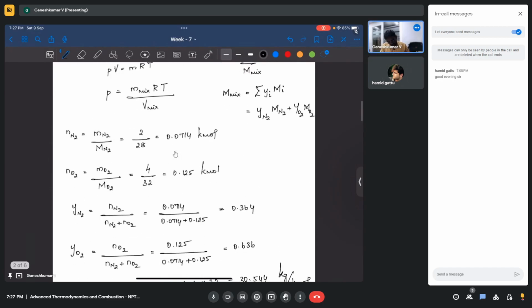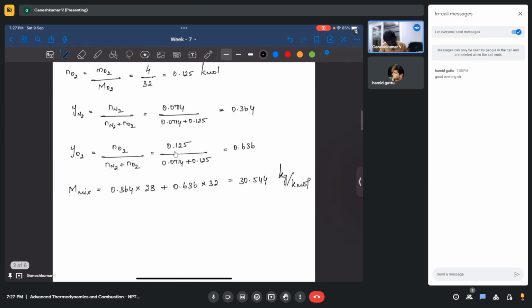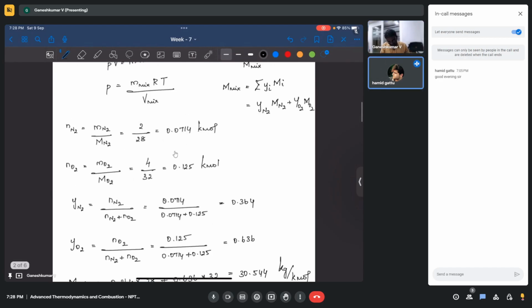We found the molecular weight of the mixture. Now you can find R, substitute, and find the pressure. So the total pressure is going to be the mass of the mixture, which is nothing but the mass of N2 plus the mass of O2. Mass is not going to change upon mixing, right?